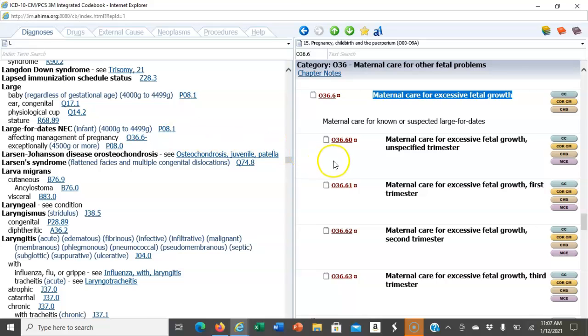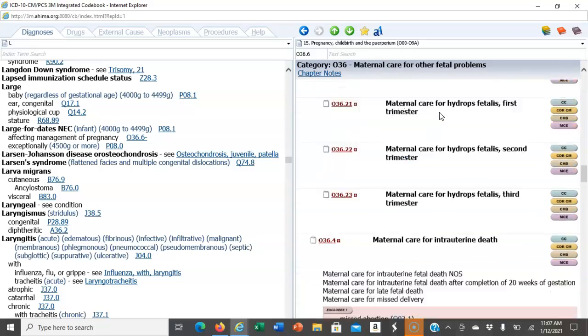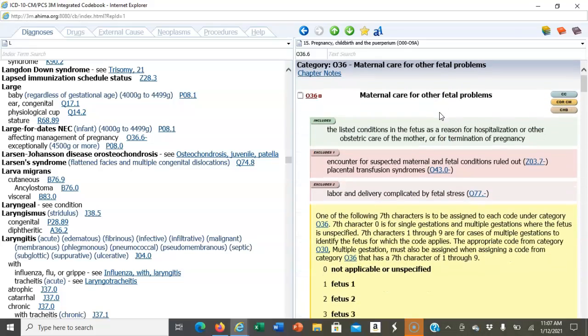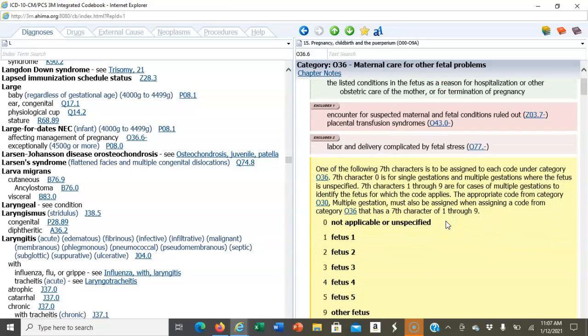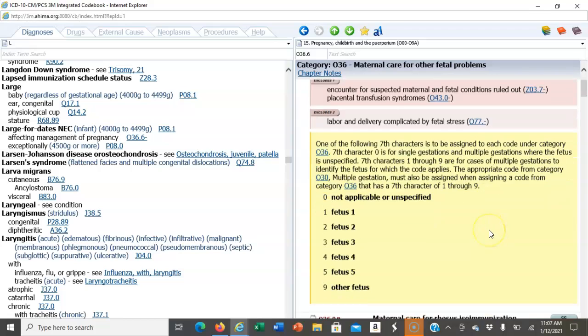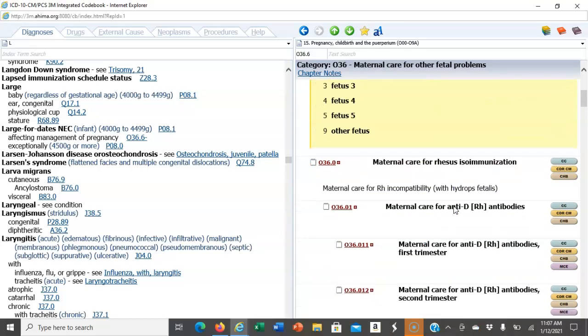O36.6. And when we get over to this category, let's scroll to the top real quick, long category, and we can see that this code requires a 7th character which specifies the fetus. We have a single baby, so we're going to assign that 7th character of 0.